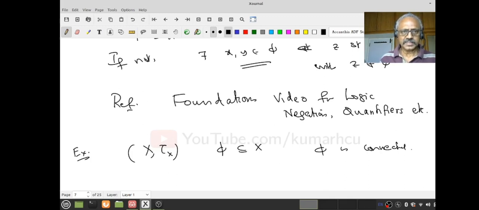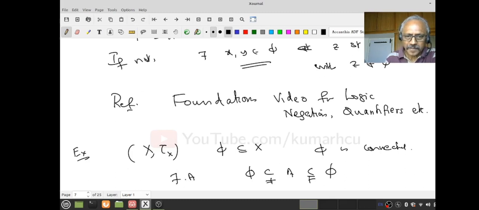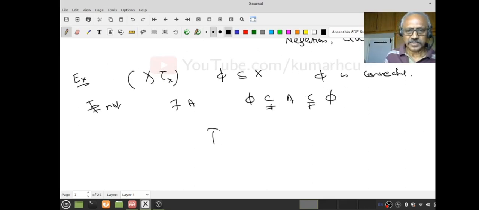If it's not connected, there exists a subset A of the empty set so that A is not the empty set and A is not equal to the full set, which is the empty set. Do you understand? So you cannot find such a thing. You can't do that. Therefore, by definition, it is connected. Please pause, review, proceed.